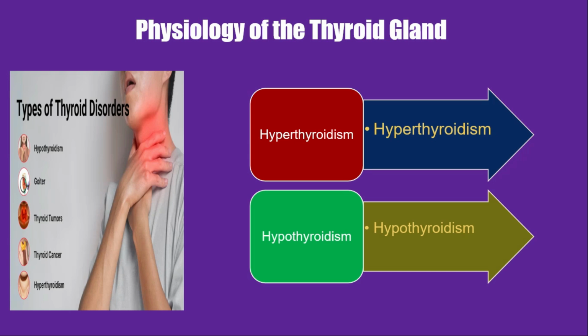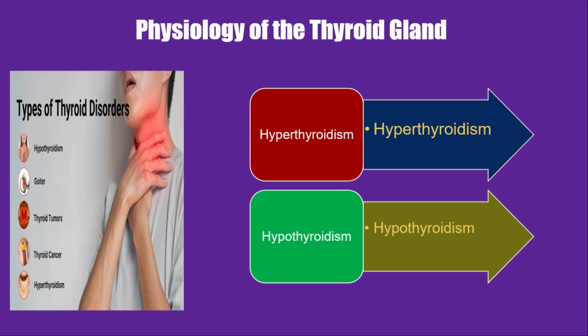The lack of minerals in your diet can lead to hypothyroidism. So we need to be concerned about iodized salt, as deficiency often causes goiter, that is, an enlarged thyroid.